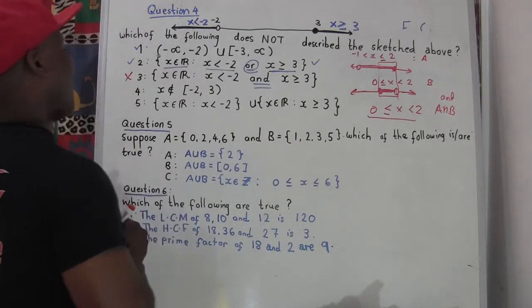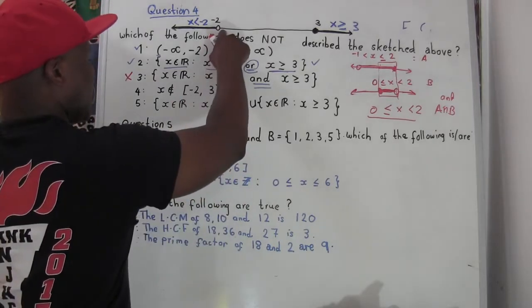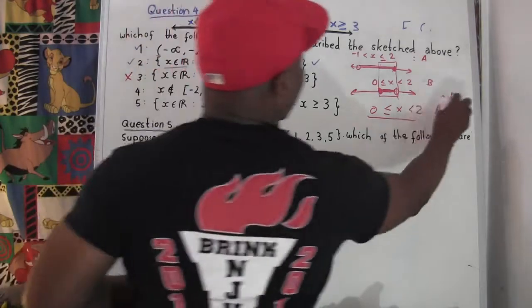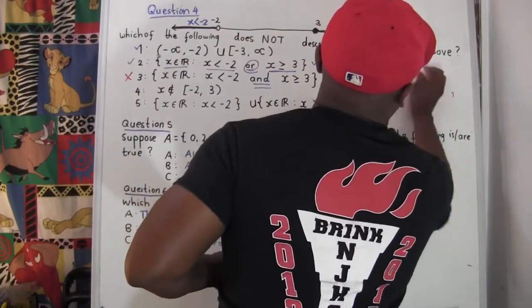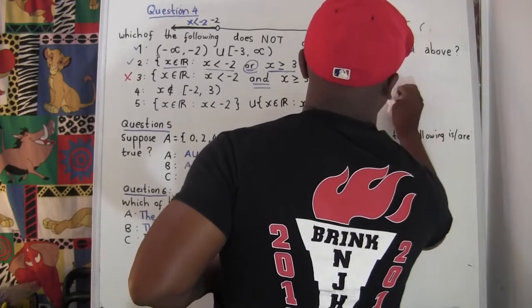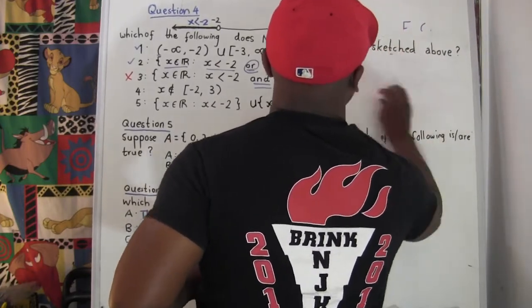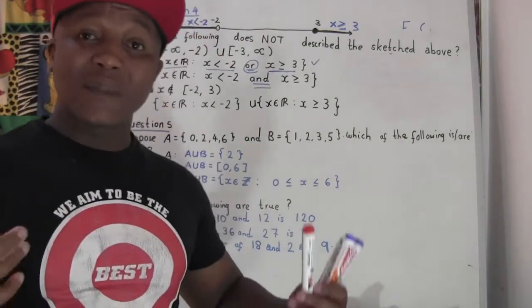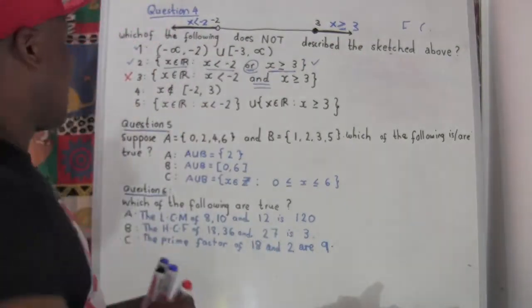Okay, so number 4. Remember this is excluding. Let me explain something here. Look, if something is not on, it means it's off. If something is not off, it means it's on. You know what I'm saying?